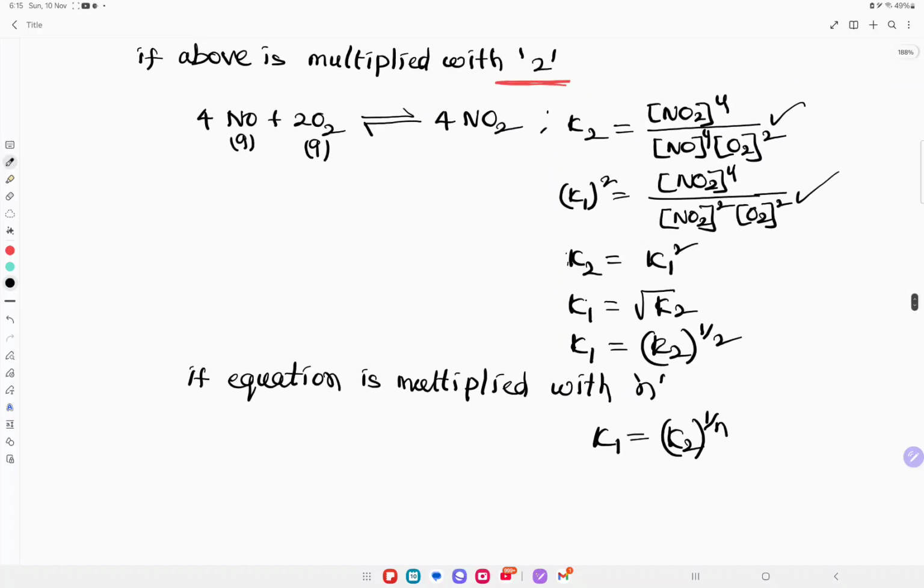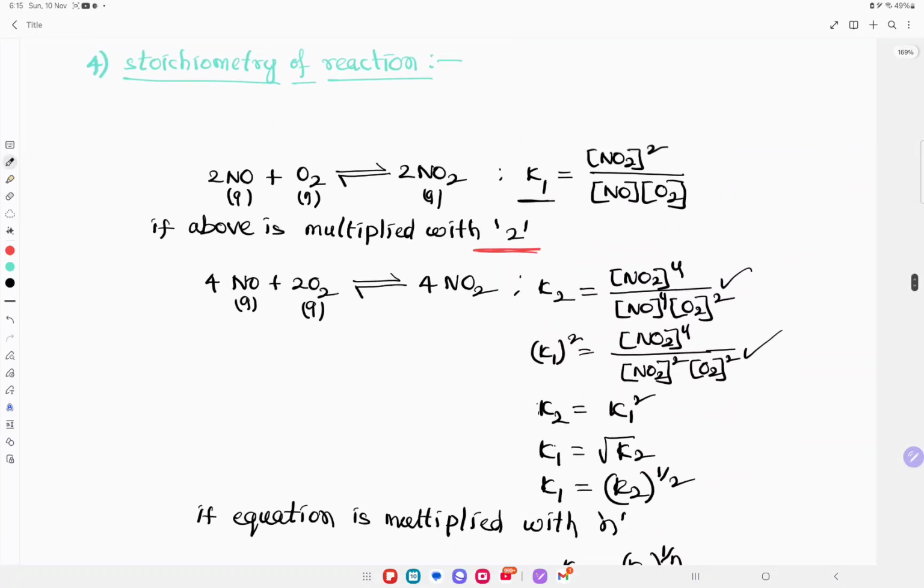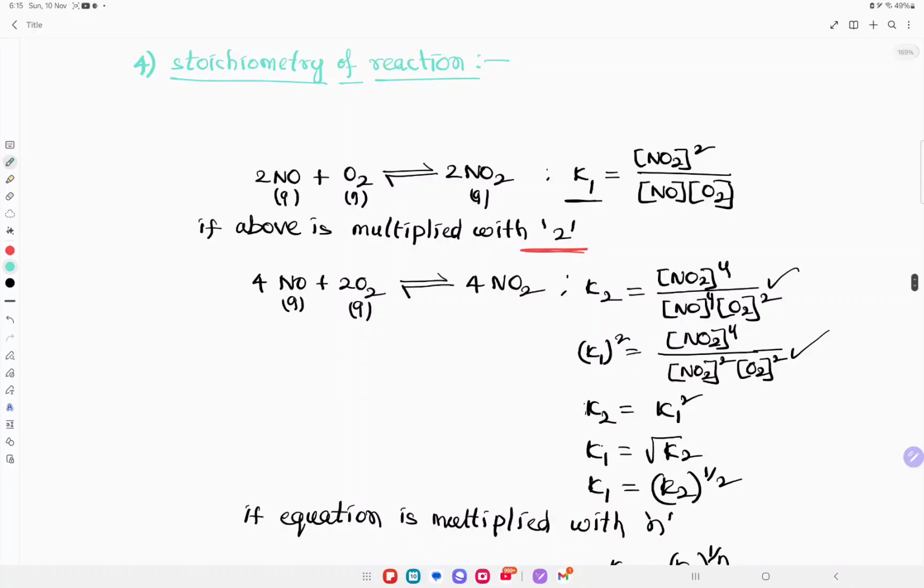Whenever the equation is divided by 2, then what happens? Right, this is the basic equation.